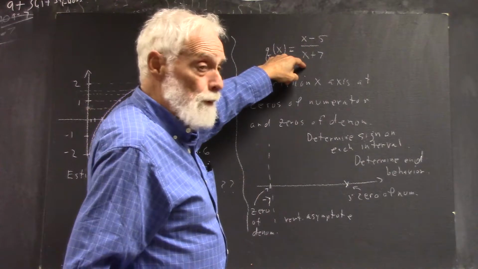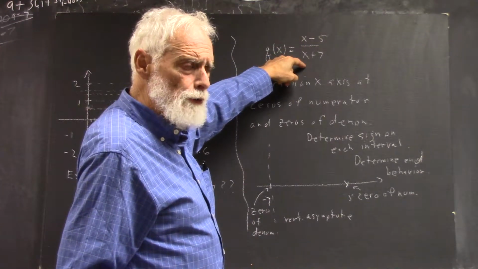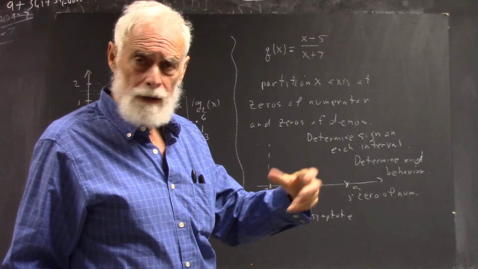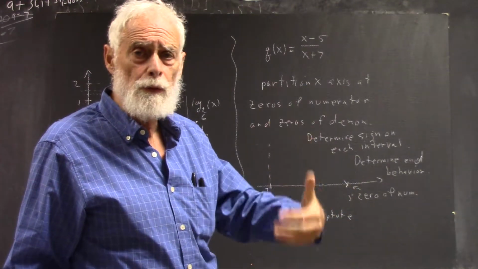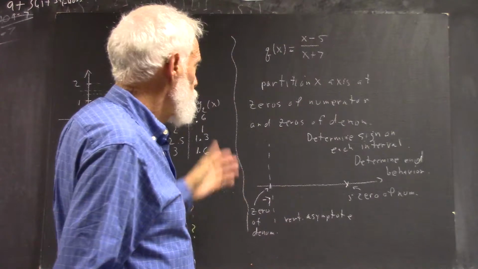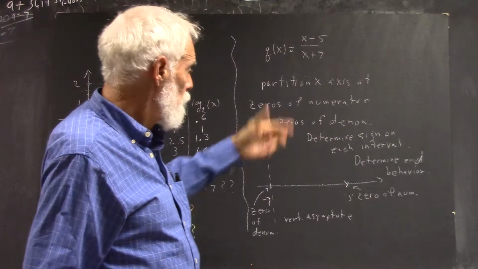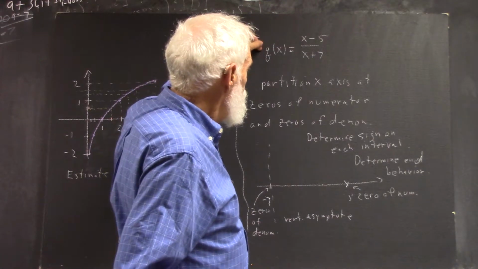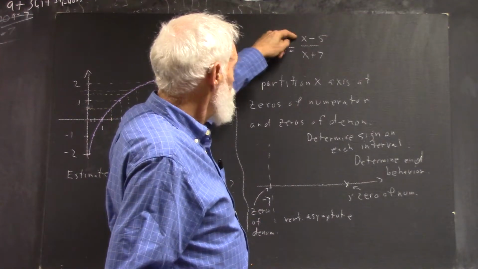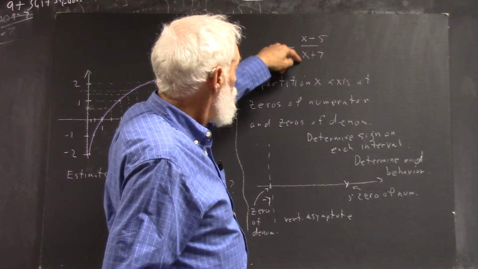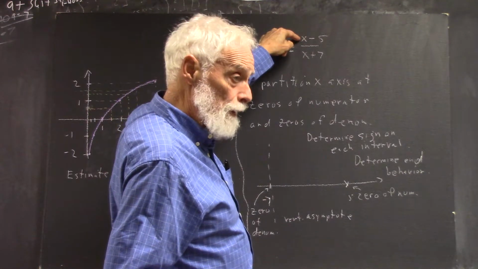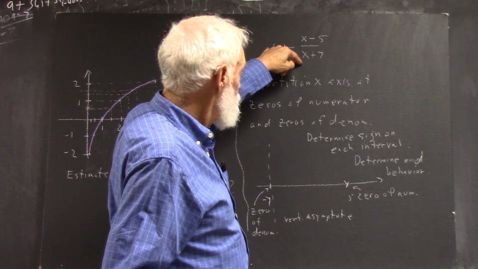Now the reason we want to know those zeros is those are the points at which the function might change value. Can't change value except going through 0 or going across a vertical asymptote. So the only place q of x can change value is if x minus 5 changes its value or x plus 7 does. That's only going to happen as x goes through 5 or negative 7.